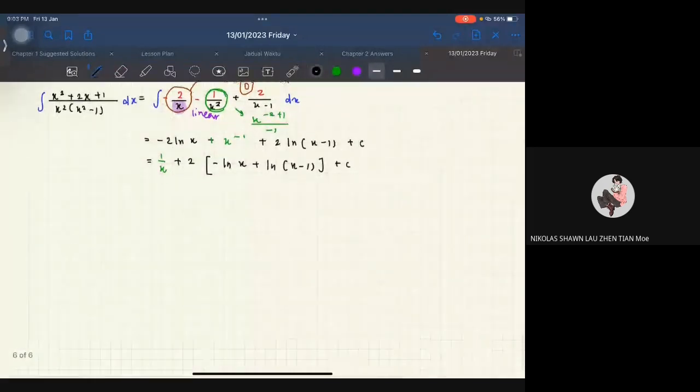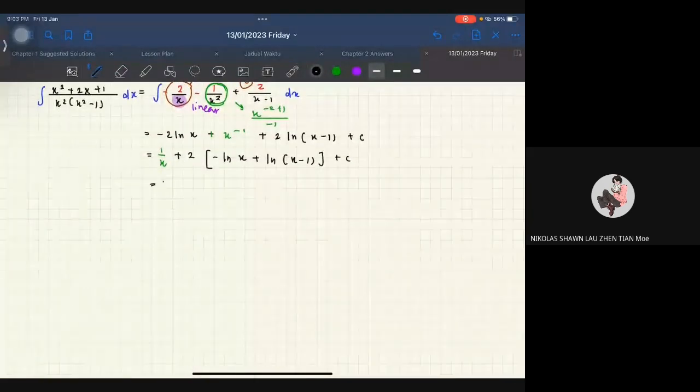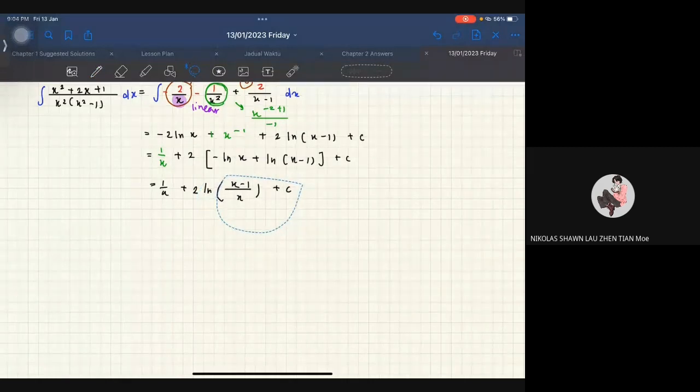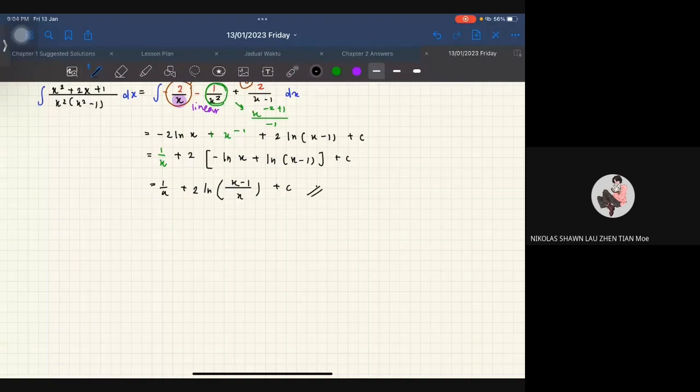So dia jadi divide, meaning that awak akan dapat 1 over x plus 2 ln of x minus 1 dekat atas over x dekat bawah. So I letak bracket over here and then plus with C. Okay, this is your final answer. Settle.